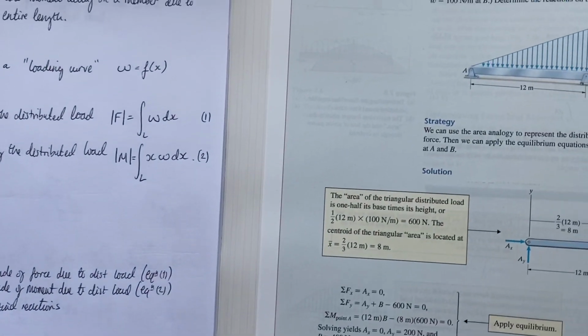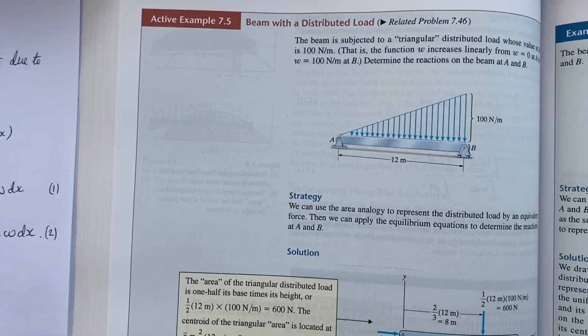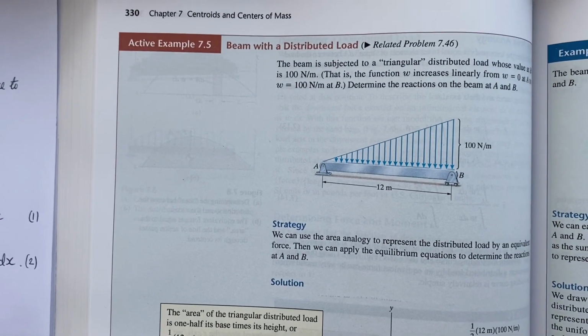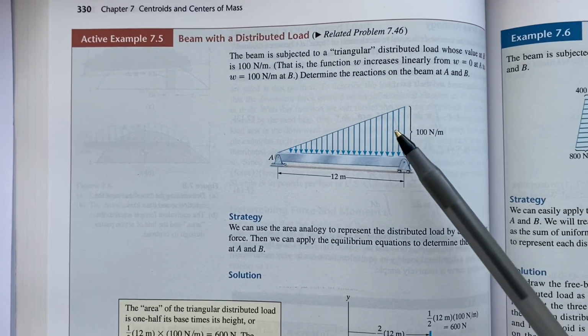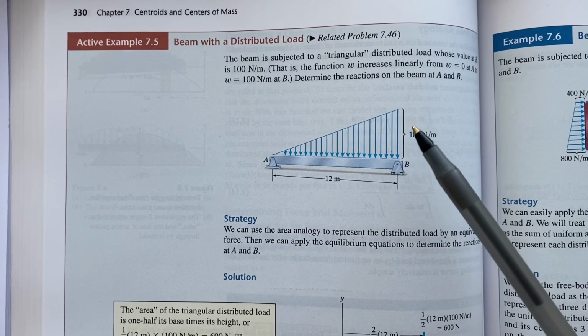So the first example that's basically described in the textbook, this active example 7.5, is a distributed load that has this triangular shape.